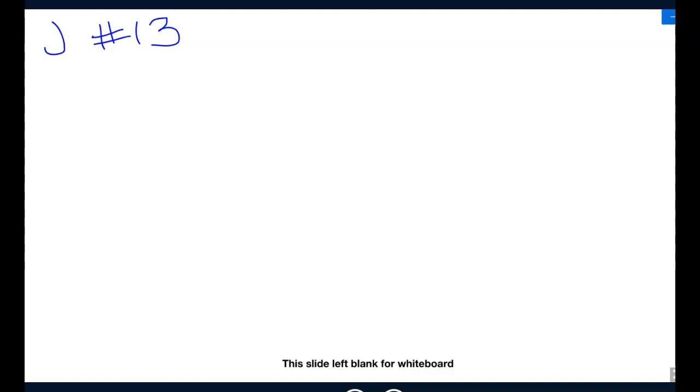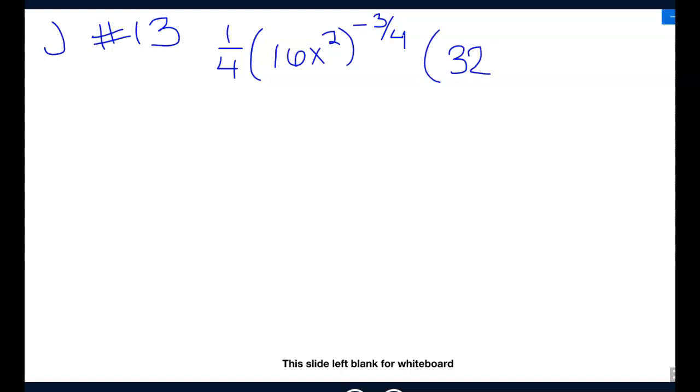All right. So we have 1/4 times 16 x squared to the negative 3/4 times 32x. This is where it's really important to understand that multiplication is commutative.